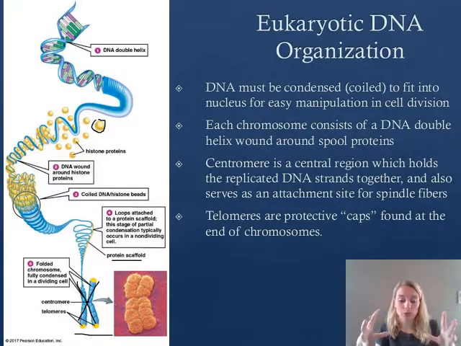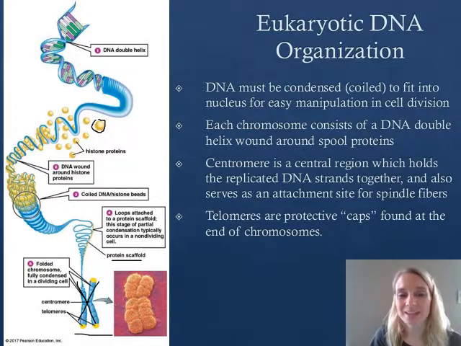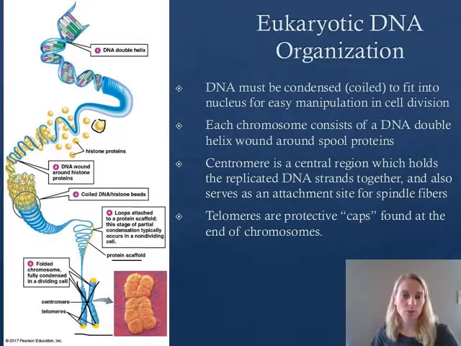What that does is it makes it really short. So when you do separate those replicated or duplicated chromosomes, you're not going to break anything off and lose some important genetic information. So when we talk about chromosomes condensing, imagine this picture. This is what they're doing. They're supercoiling and folding and folding and folding to get to a nice dense collection of the DNA.